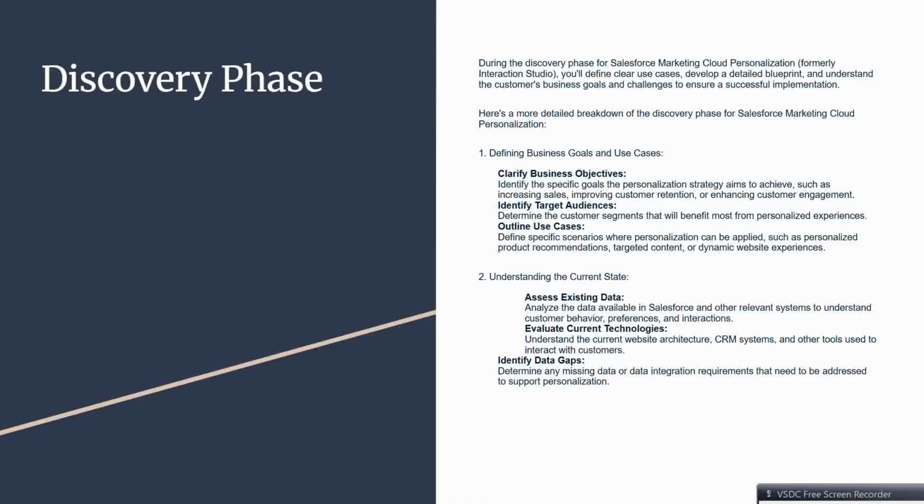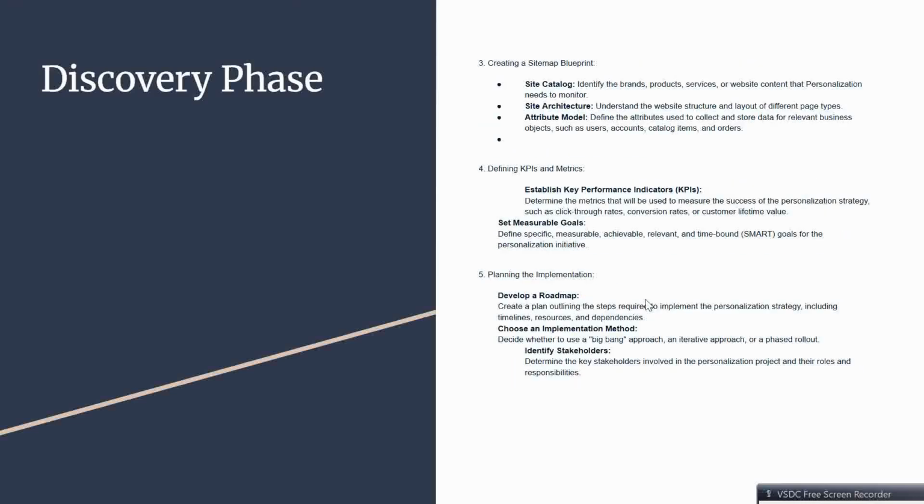So we need to assess the data which is there already, right? Current technologies, let's say how many integrations there will be, and what the upstream and downstream places are from where the data will come, or where we need to send the data back. All of this we need to define in the discovery phase.